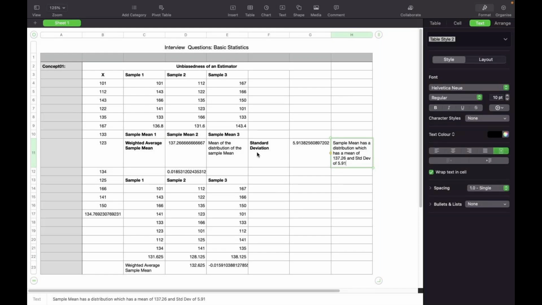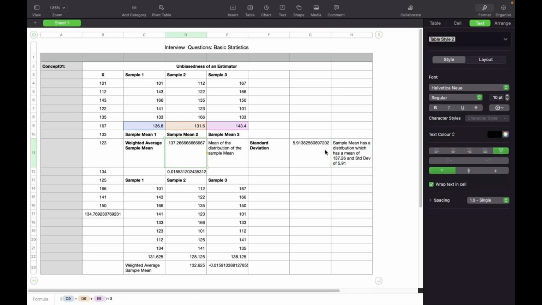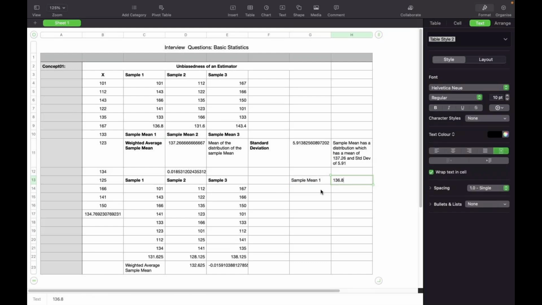So what this means is that there is a mean and a distribution to this sample mean series, right? If I write it like this: sample mean 1 is 136.8, sample mean 2 has 131.6, sample mean 3 is 143.4.